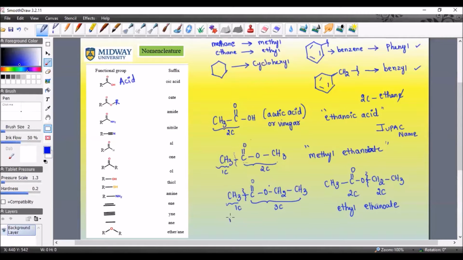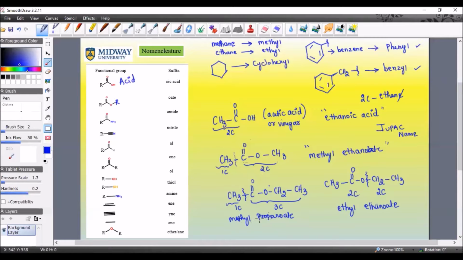Because this would turn out to be methyl propanoate. But what did I tell you: out of the two alphabets, the lesser alphabet would take the ATE, but P is not the lesser alphabet of the two. M is the lesser alphabet.